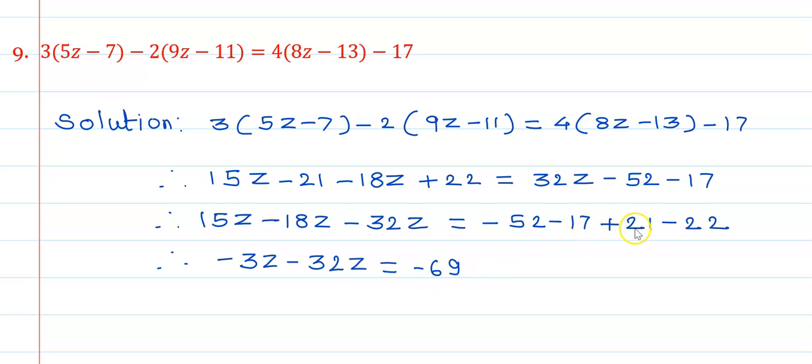Next is plus 21 and minus 22, you will get minus 1, and overall you will get minus 70.